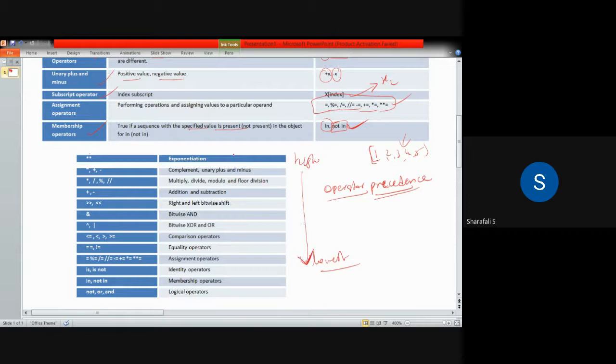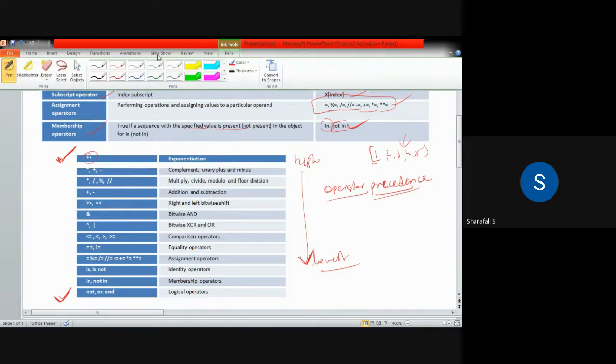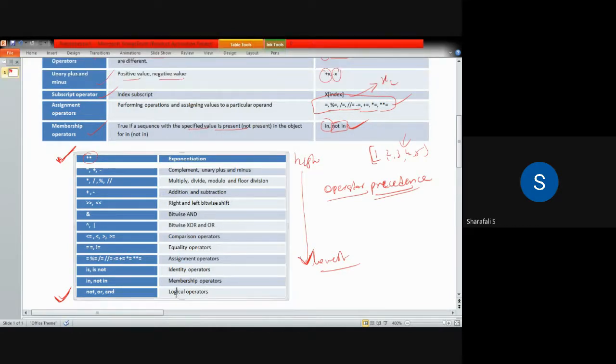This one is the highest precedence and this one is the lowest, which means this operator has the highest priority and this one the lowest. So if your instruction contains exponentiation, it will be given the highest priority, so that has to be performed first before any other operation. Okay, and then you have this. I will just increase the size of this table because it's not that visible.